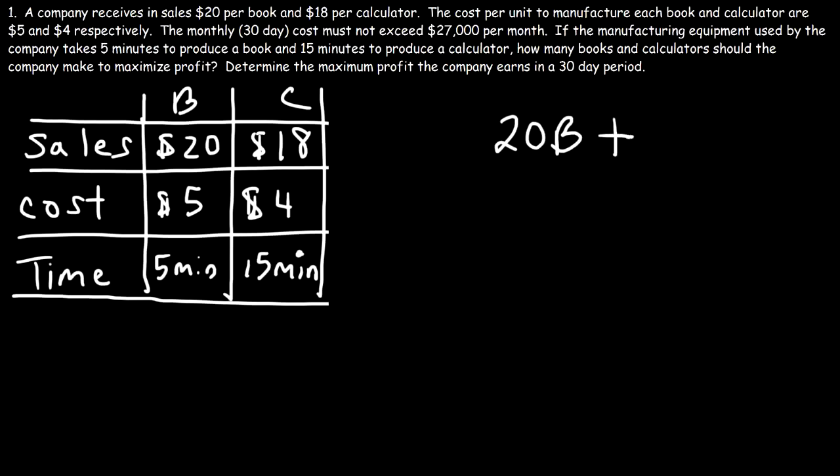And the sales coming from the calculators is going to be 18C, or $18 per calculator times the number of calculators produced by the company. And that's going to equal S, the total number of sales. Now we have three variables in this equation, and this is the objective function. We need to maximize S.